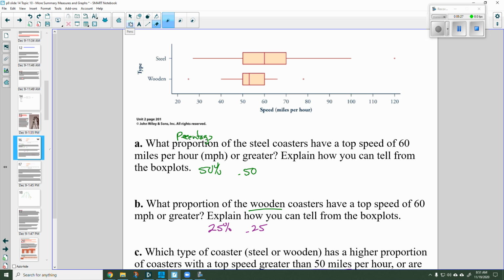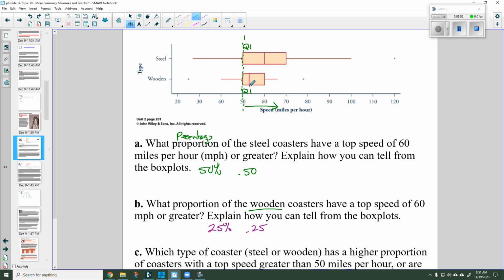Okay, so I'm looking at 50 miles per hour or greater. Well, here's 50 miles per hour, right there, and this is greater than 50 miles per hour. I see that it is right on the Q1 of the wooden, and it's right on the Q1 of the steel.